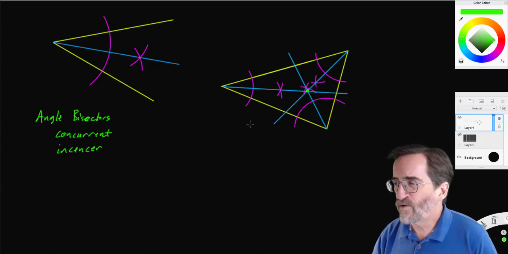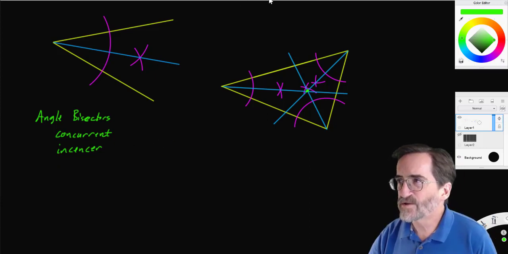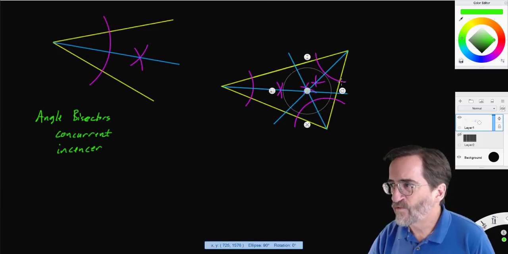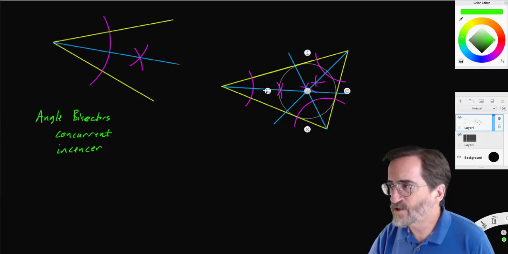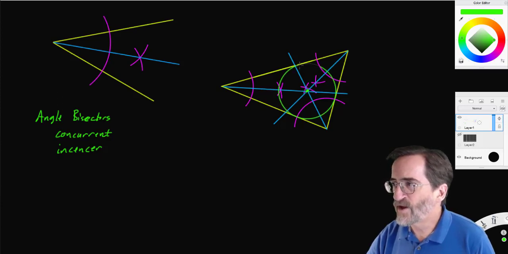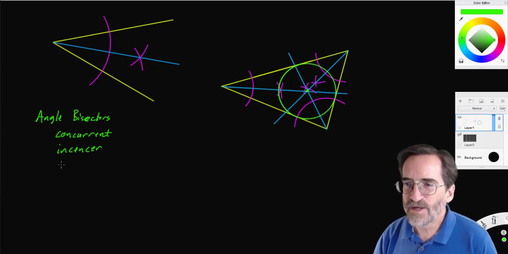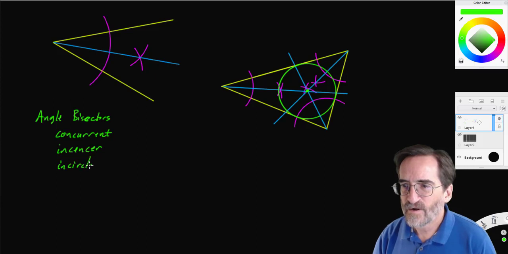And what's more, if I draw the circle just right, I'm going to put my compass point right on the in-center here, and I'm going to grow my circle so it just touches one of the sides. I'm going to discover that it touches all three sides. Okay, so it's the center of the in-circle, which is an inscribed circle.